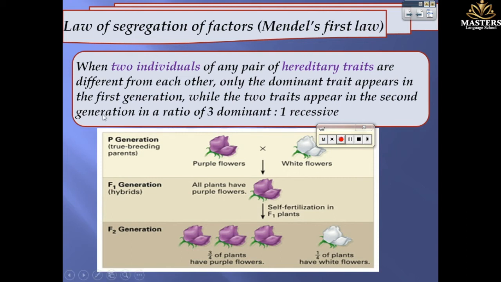appears in the first generation, while the two traits appear in the second generation in a ratio of 3 dominant to 1 recessive. As we see from this example, the color of flower, purple flower and white flower, is one pair of hereditary traits.